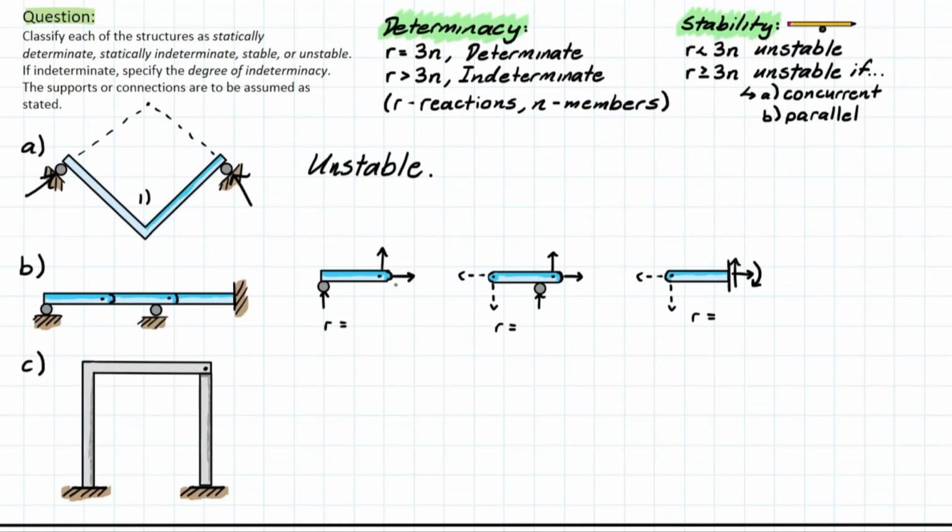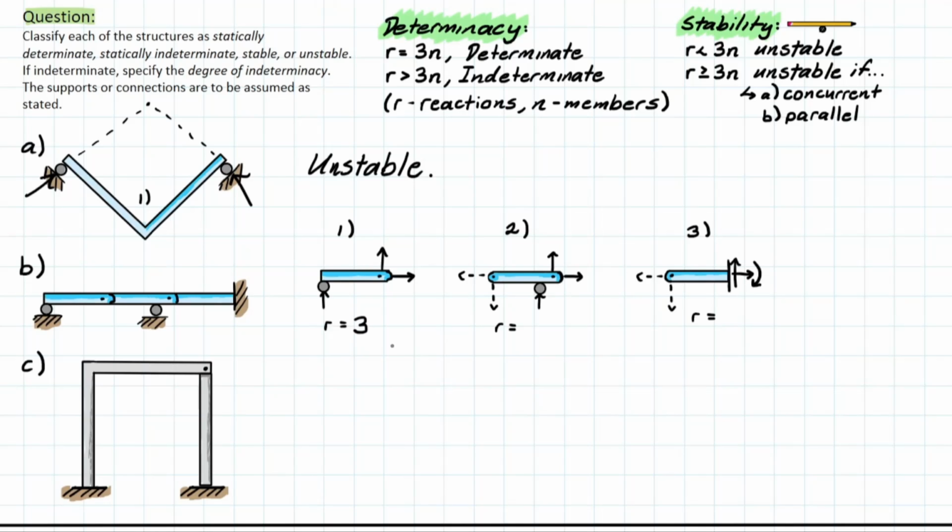Okay, now that we've broken up the structure into its individual members, we can see that we have member 1, member 2, and member 3. If we look to this first member, we have the roller reaction plus the two reactions created at the pin connecting between the two members. So this means that the number of reactions in this member is going to be 3.